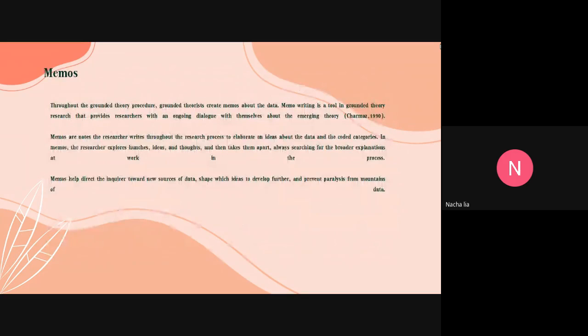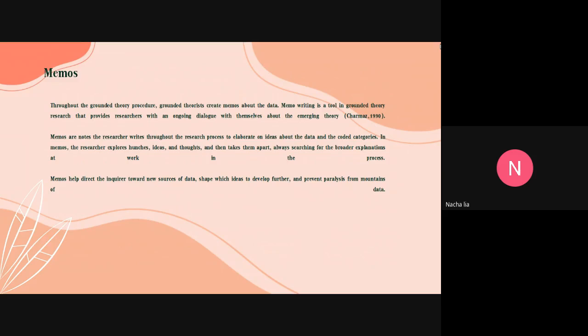And the last one is memos. Throughout the grounded theory procedure, grounded theorists create memos about the data. Memo writing is a tool in grounded theory research that provides researchers with an ongoing dialogue with themselves about the emerging theory, according to Charmaz in 1990. Memos are notes the researcher writes throughout the research process to elaborate on ideas about the data and the code categories.